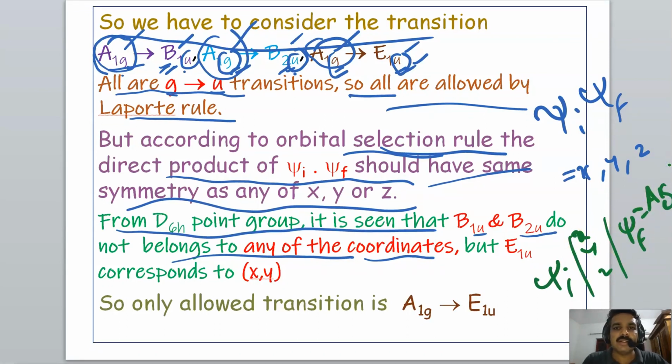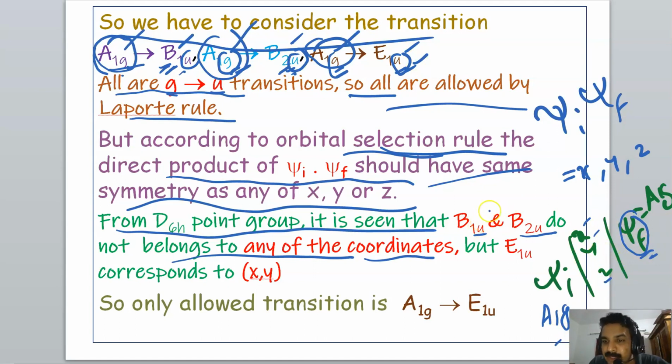Here psi i is A1G representation. Then psi f, we get three levels, B1U, B2U, E1U. It is not A1G. So the symmetry of X, Y or Z should be the same as that of psi f.